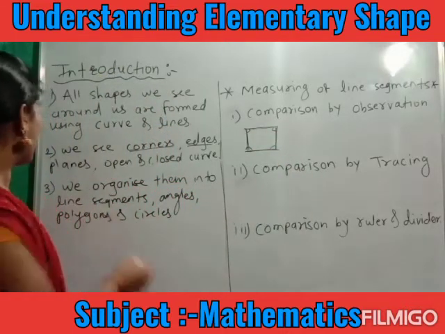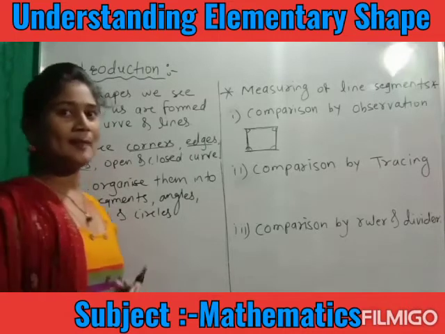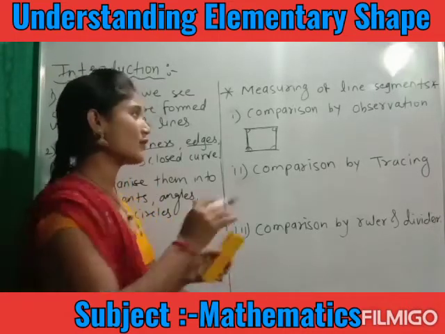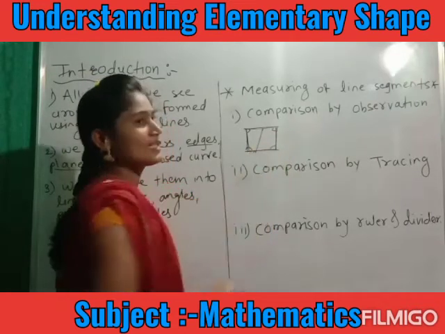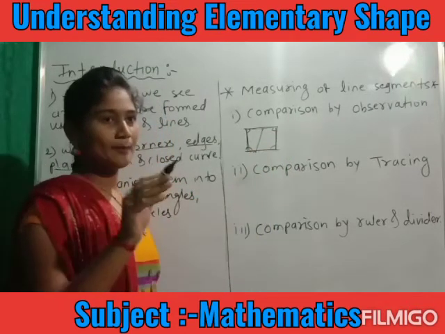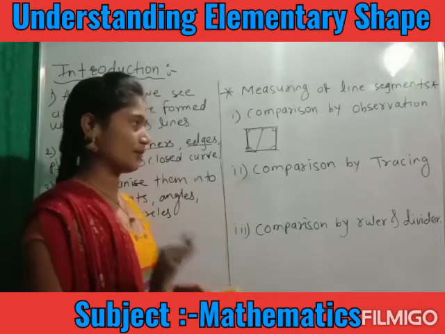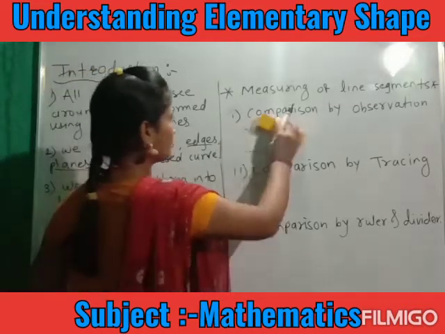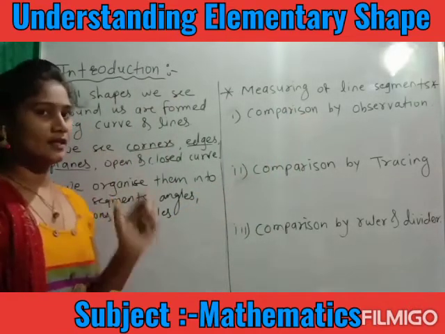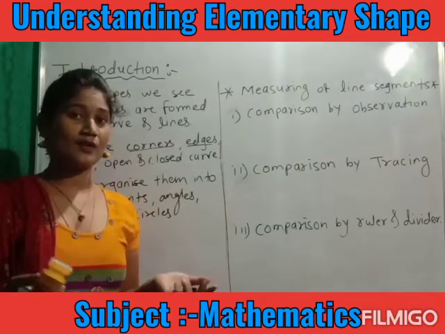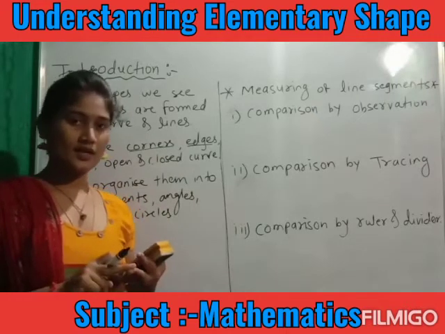What is the next? Plane. Already I told you, plane means something like that, and in that we are drawing something like this one, line segment. So this is nothing but the plane, any plain paper. So this is called a plane. Have you got that? We see corners in our daily life, in our surroundings.